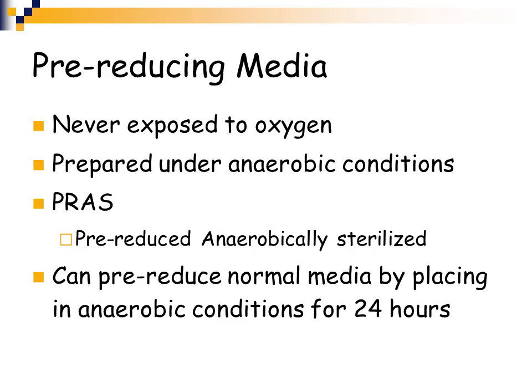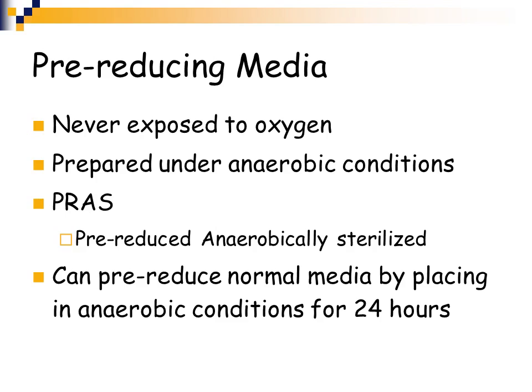We already mentioned the pre-reduced media, which most clinical labs use. This is media that has never been exposed to oxygen. It is made under anaerobic conditions. It's sealed under anaerobic conditions, and it's called PRAS, or pre-reduced anaerobically sterilized. Now, you can pre-reduce any media in the laboratory by putting it in anaerobic conditions for 24 hours before using it.